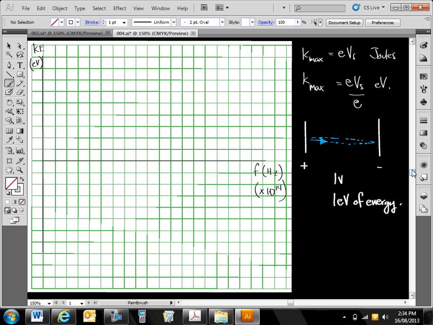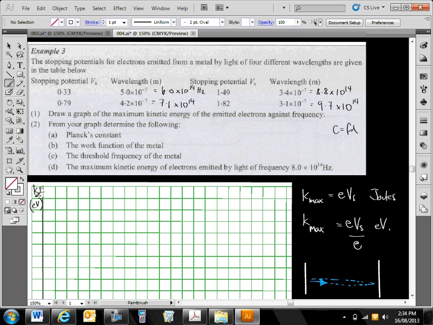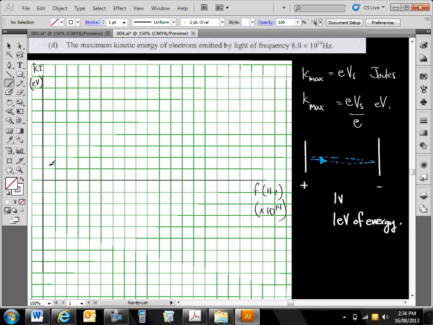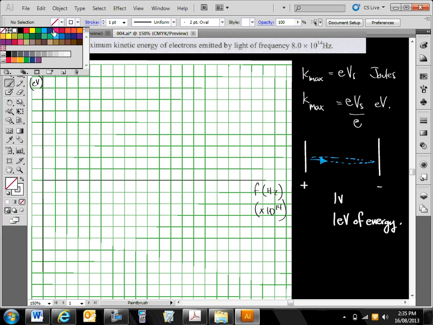Now, because I'm drawing my graph in eV, I can just use these stopping potentials, 0.33, 0.79, 1.49 and 1.82, as my energy in eV, because they convert very easily. I'll do it in red because it'll be easier to see.